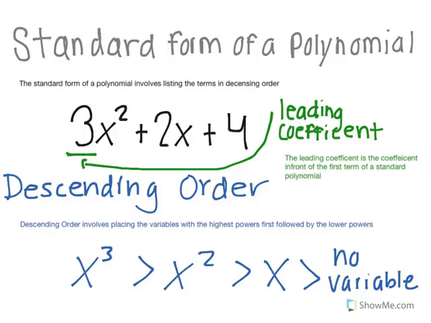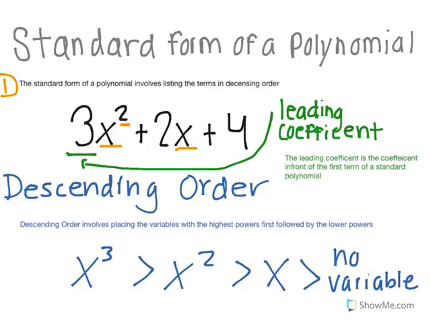Standard form of a polynomial. Step 1 for putting a polynomial in standard form is you have to make sure that it's in descending order. And when I mean descending order, it's in descending order of the power of the variables. So it starts with the variable with the highest power, so in this case the highest power here is 2, so the term with 3x squared goes in front.